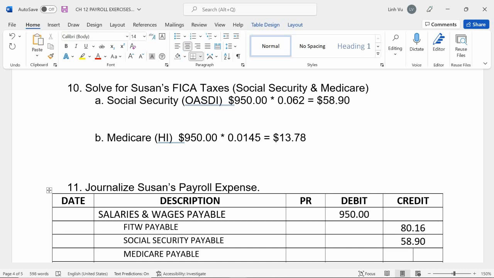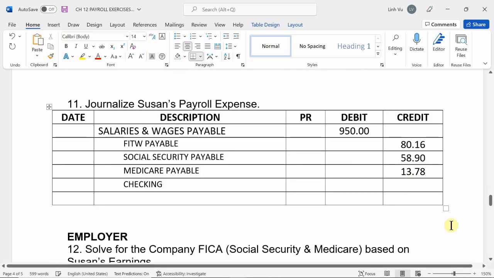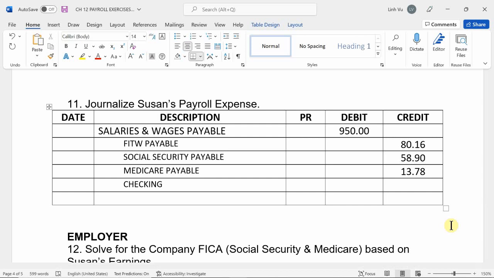And Medicare is $13.78. So in grand total, what should be her total net pay, or how much is she going to be receiving? $797.16.